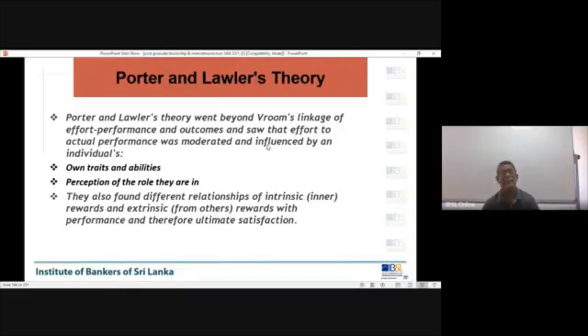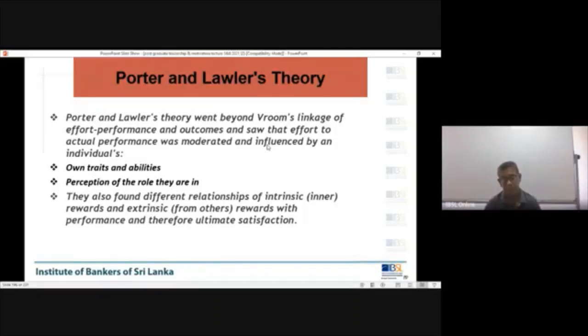Now, it is a development of Victor Vroom's theory. He identified three types of expectation, and an employee can be influenced in three ways. One, he expects I can do this job, I can do this activity.